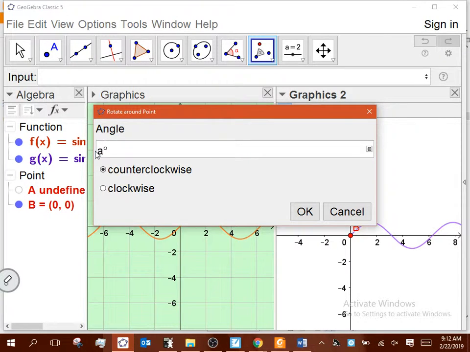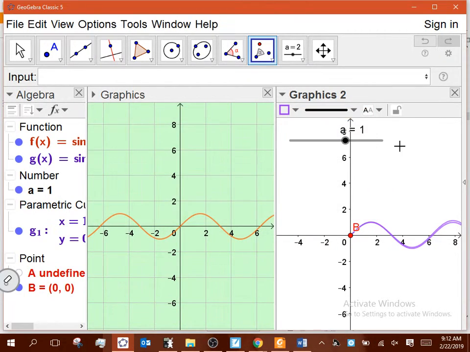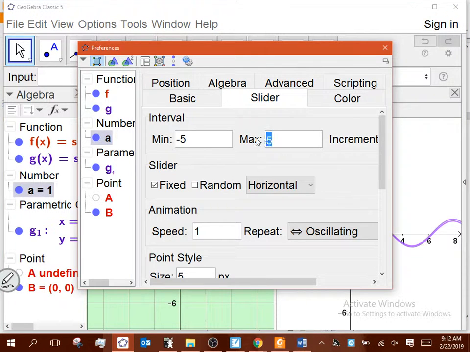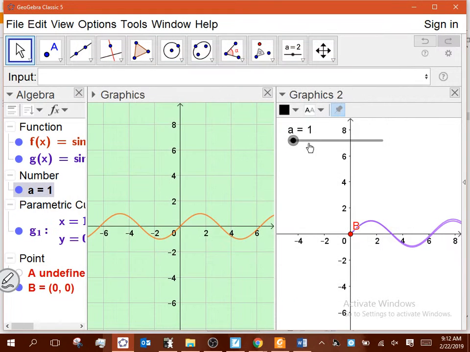Let's put A in there so you can see it actually happening, and we'll change that property to 180 degrees. If I rotate that thing 180 degrees about the origin, does that end up giving me that curve there on the left?